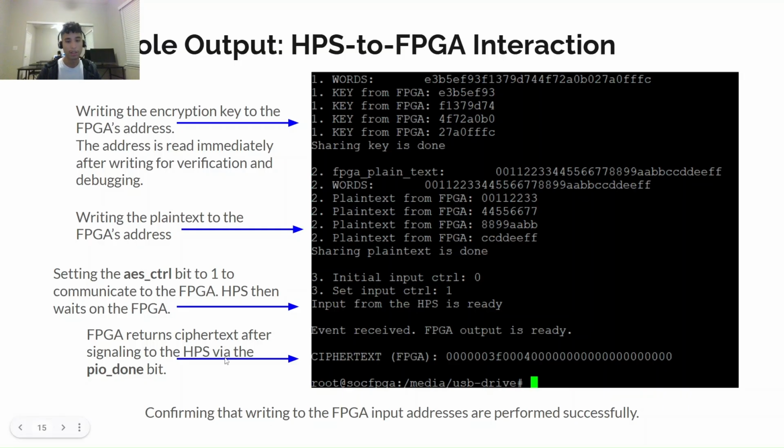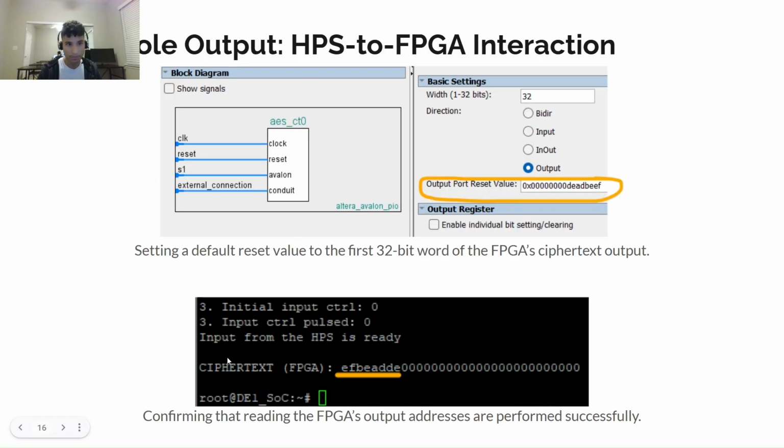However, does this confirm that we can write to the FPGA from the hard processor successfully? To verify that we can read from the FPGA to the hard processor, I configured the first 32-bit word of the ciphertext output from the FPGA to have a default value of our classic dead beef.